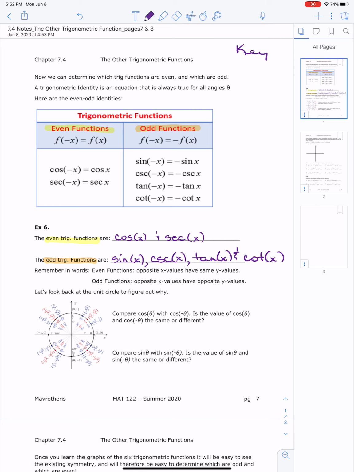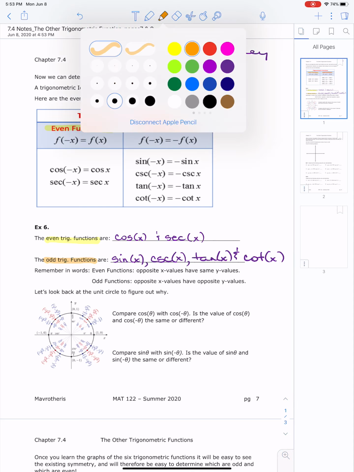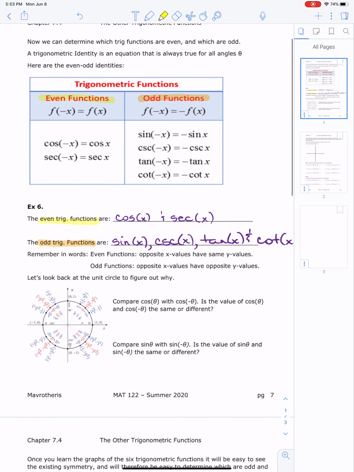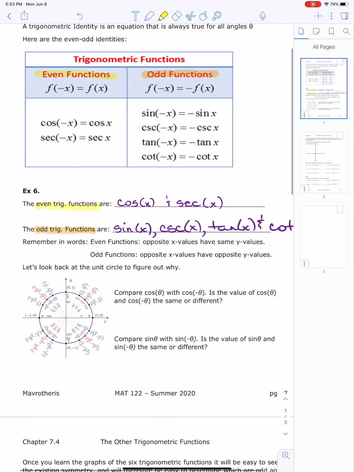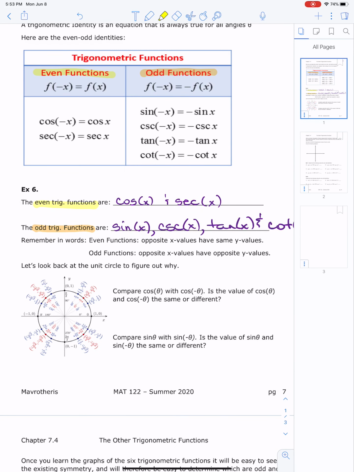Right? So what we're going to do is see if we can make sense of these. Lots of repetition here. Even function: opposite x values have the same y value. And our odd functions are where the opposite x values have the opposite y values.